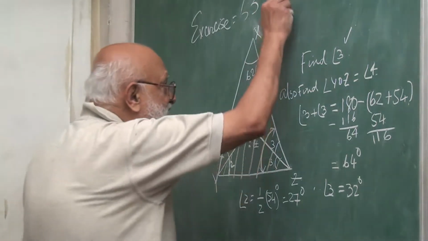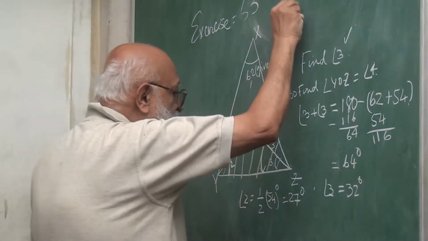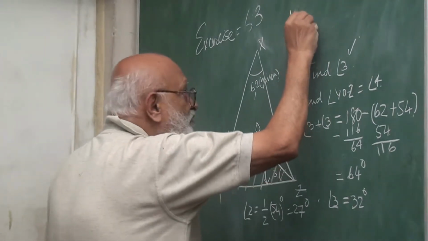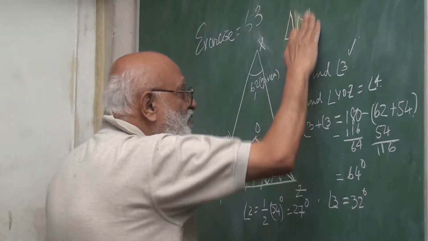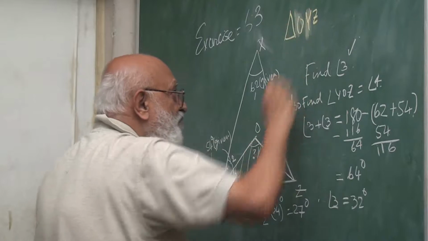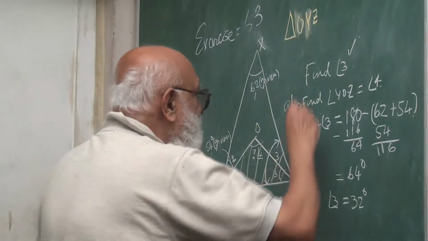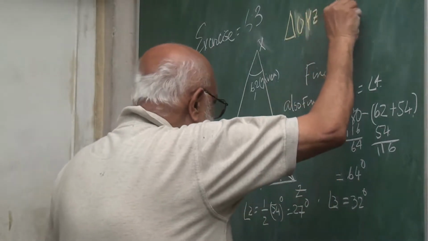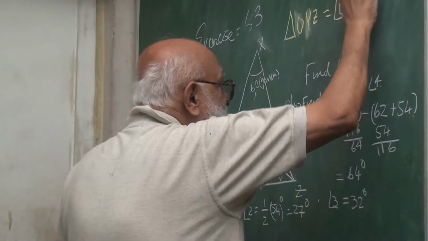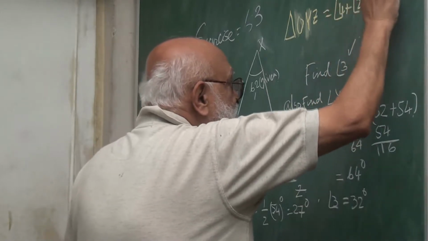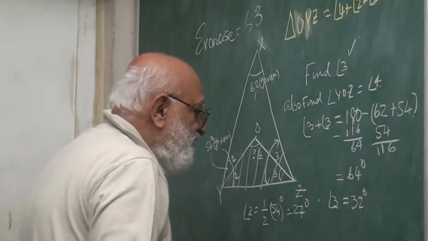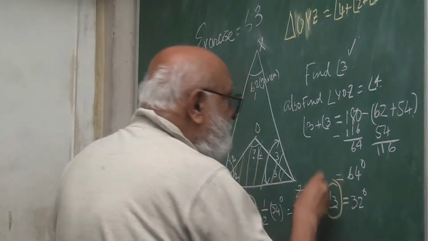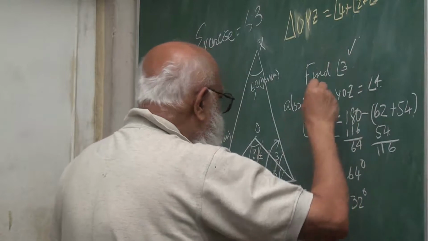So if I take triangle OYZ, then I have angle 4 plus angle 2 plus angle 3 is equal to 180 degrees. Right? I know angle 2 and I know angle 3. So it's easy to find out.